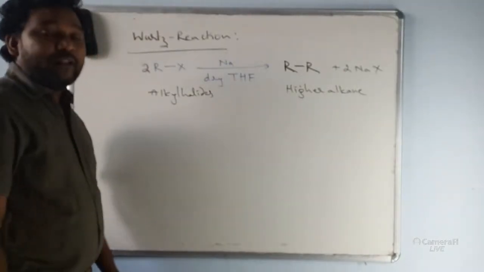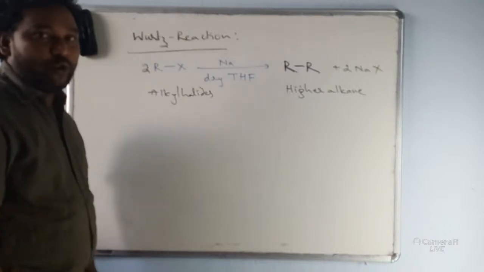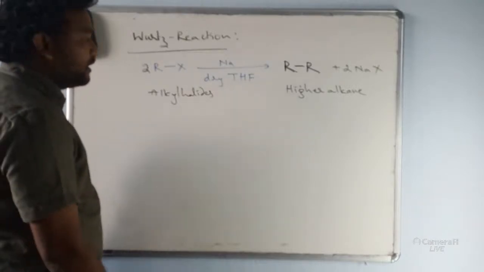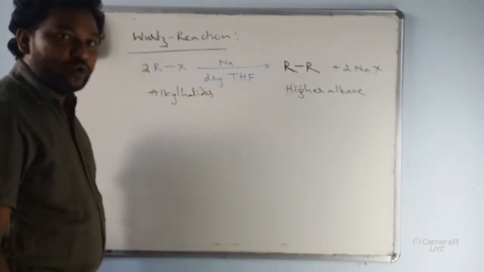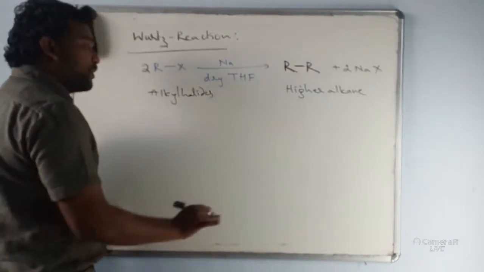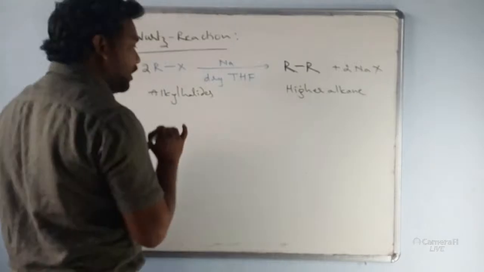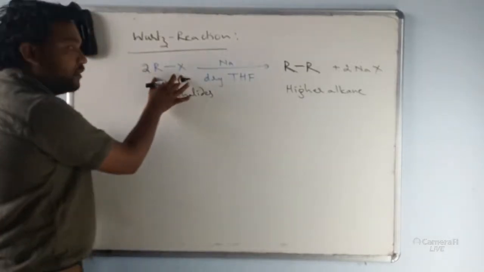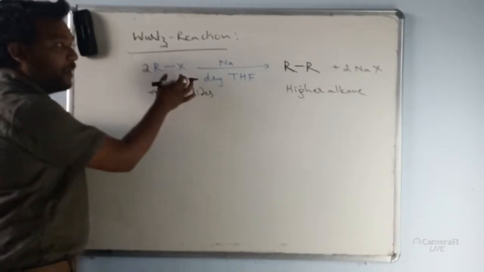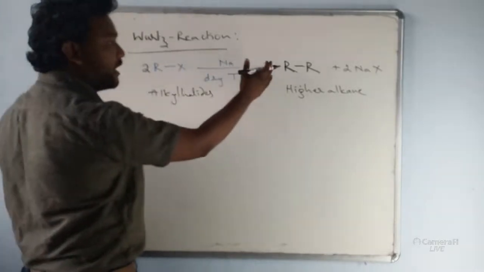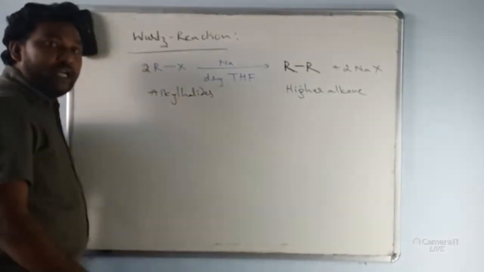Let me tell you some important things about this Wurtz reaction. Generally, guys, the Wurtz reaction is of two types. So what are the two types? In the first, two moles of the same alkyl halide are involved in the reaction, resulting in the formation of the respective alkane.